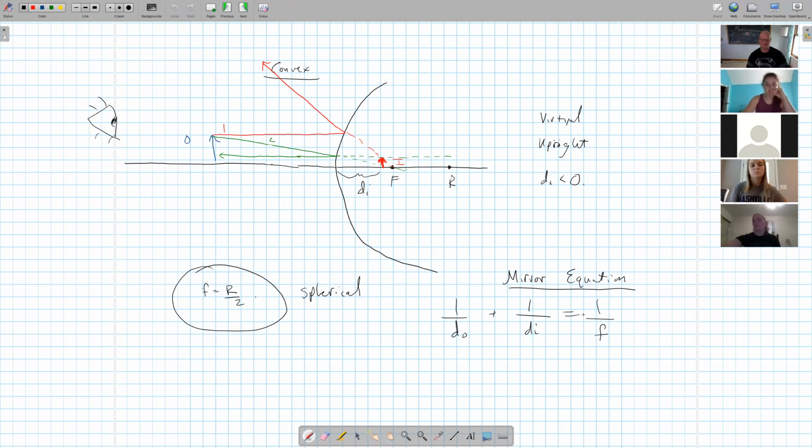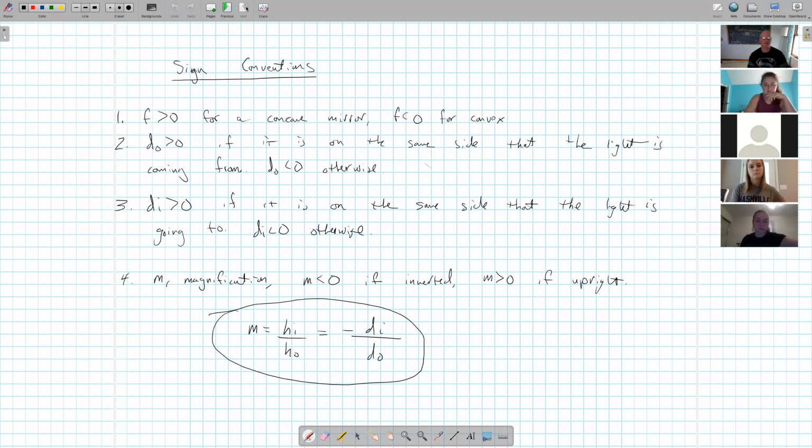Okay? Could you go back to number 4 real quick? Yes. So number 4 is the magnification is negative if it's inverted and positive if it is upright. Basically, the reason for that is because if I look here, if it is inverted, the image distance is positive, the object distance is positive, so this becomes negative.